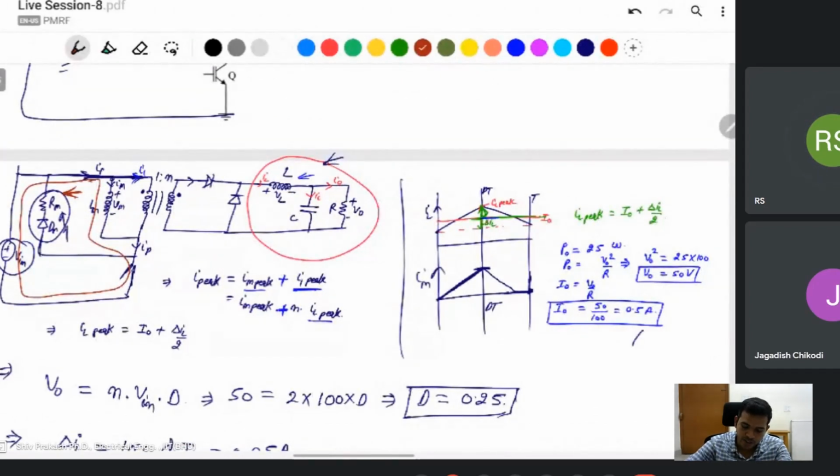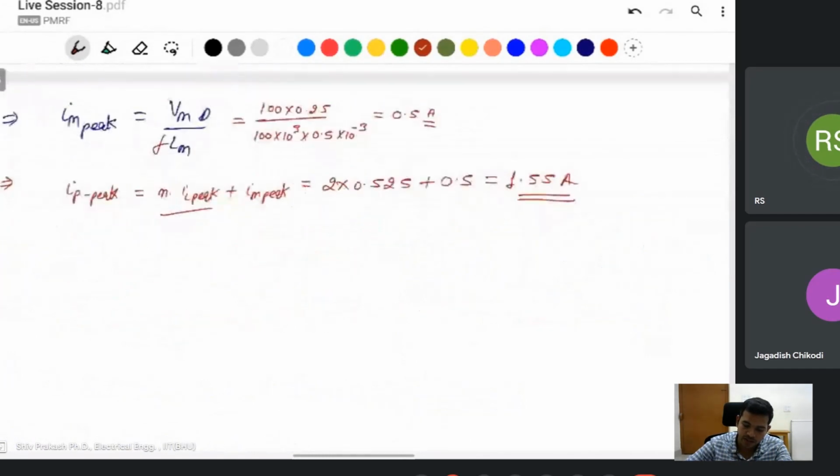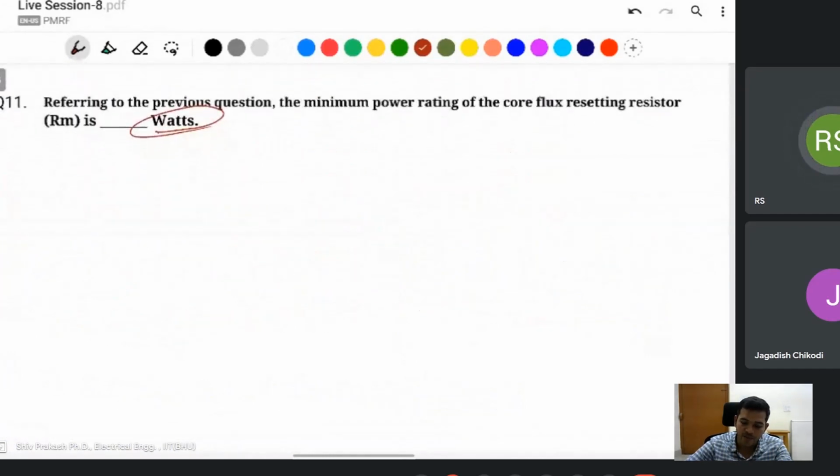It should be at least the same as the energy stored in this magnetizing inductance, at a minimum power rating. It means the energy of IM is the same as the energy of the resistance.